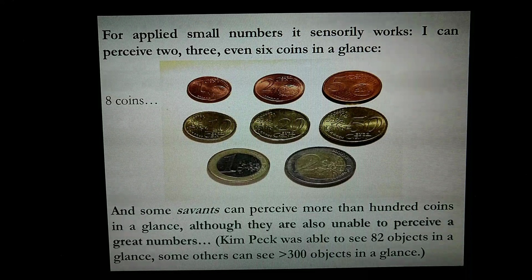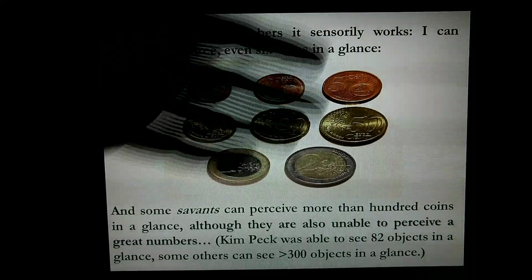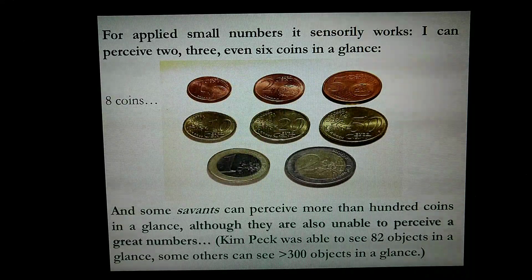I can perceive 2, 3, even 6 coins at a glance. I can here perceive 8 coins. And some savants can perceive more than 100 coins at a glance, although they are also unable to perceive great numbers.